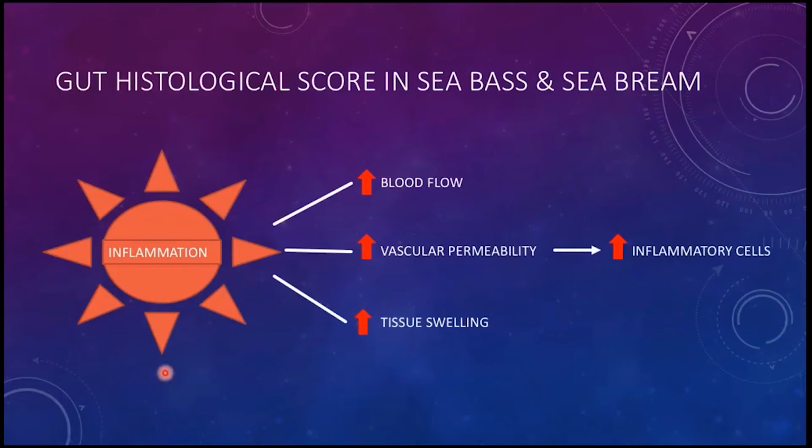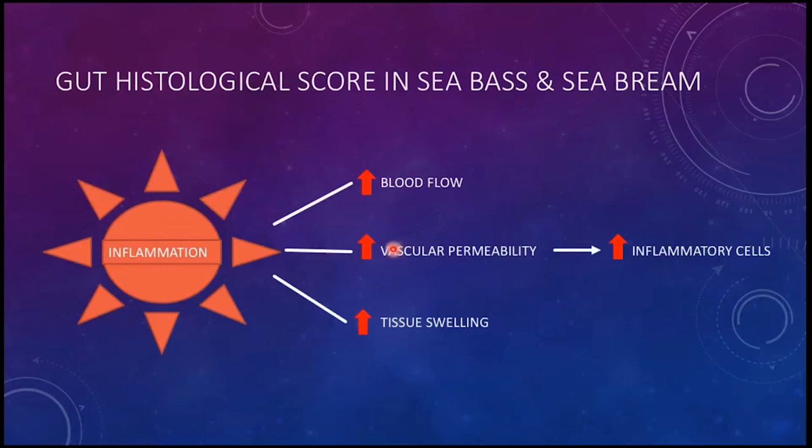So basically, what happens when there is inflammation? Basically any tissue from fish or from vertebrates reacts in a similar way. When we have inflammation in a tissue, we have an increase of blood flow.